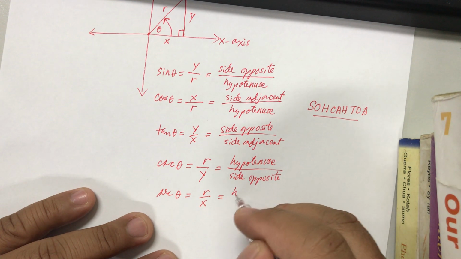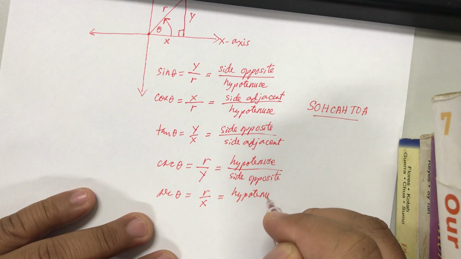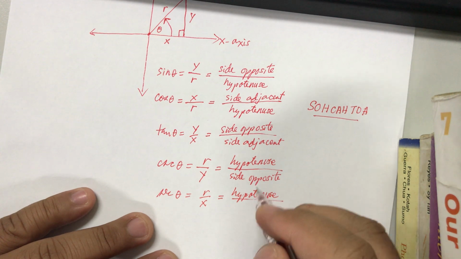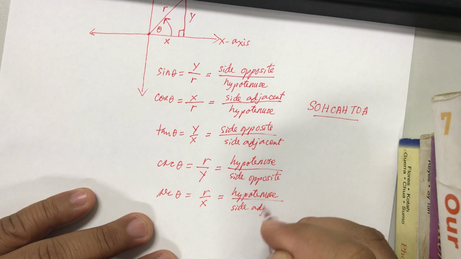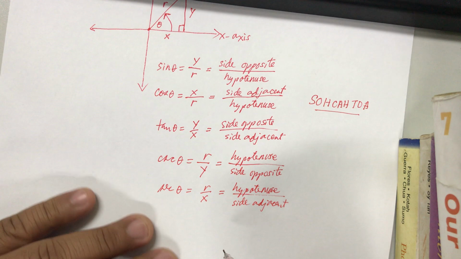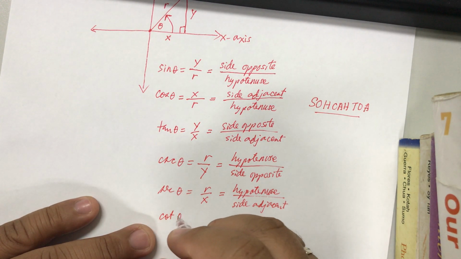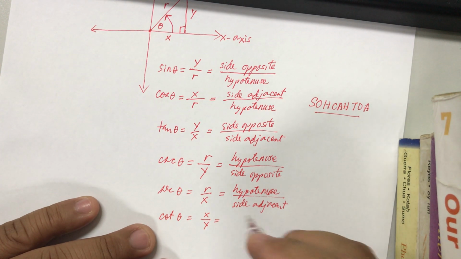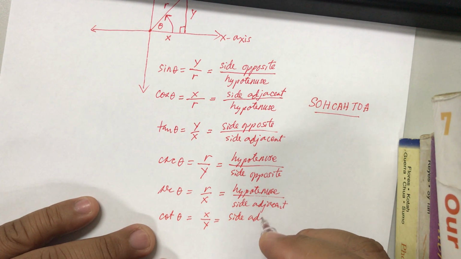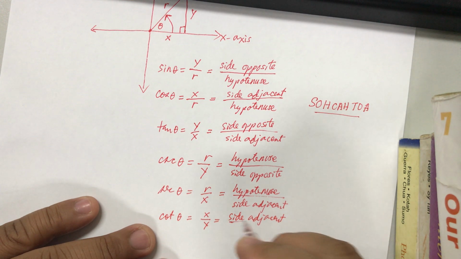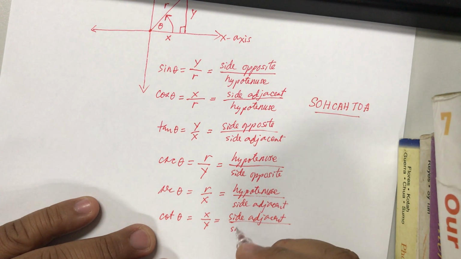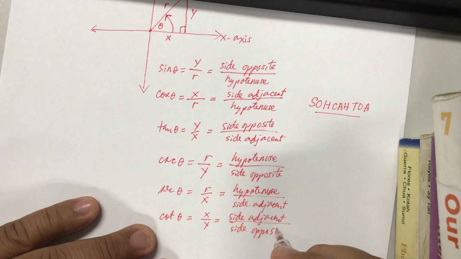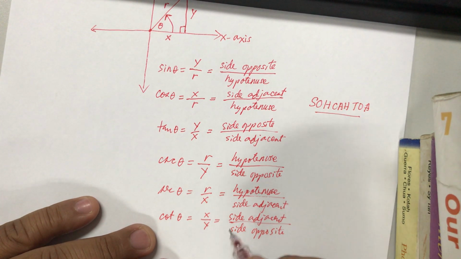Hence, it is hypotenuse over side adjacent. And then, cotangent theta, defined as x over y, or side adjacent over side opposite. So these are the 6 trigonometric functions for acute angles.